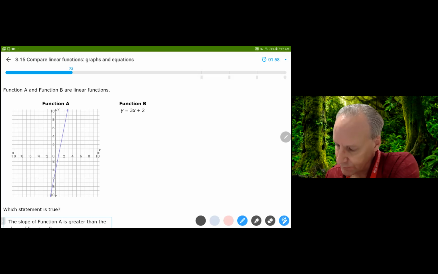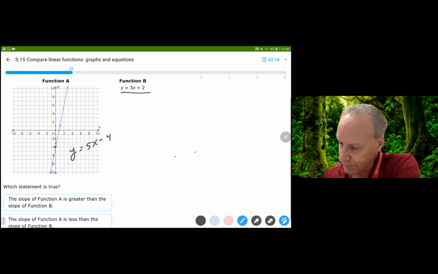Which statement is true? Well, this one has a slope of up 1, 2, 3, 4, 5 over 1. So this equation is y equals 5x minus 4. And this one has a 3x plus 2.